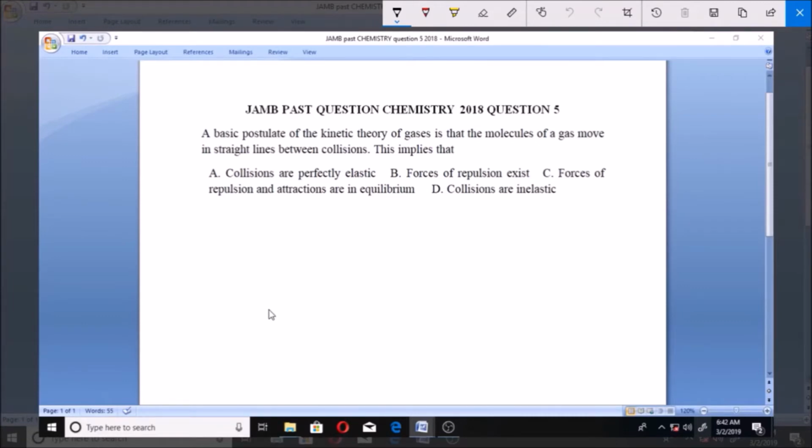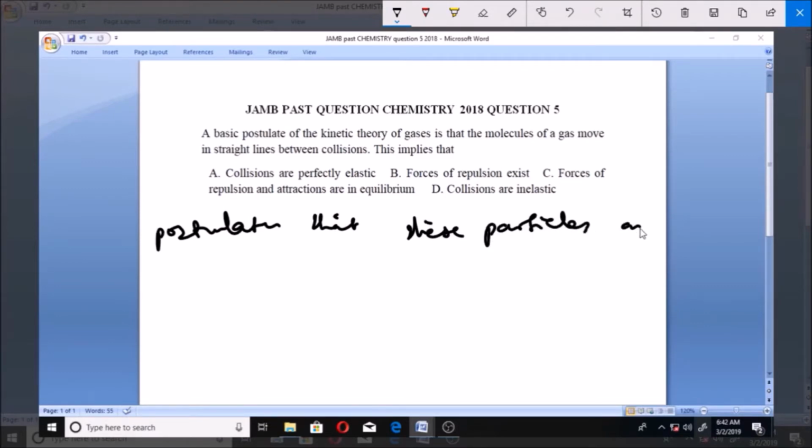Now, for us to understand this and be able to answer it, we need to know about the kinetic theory of gases or matter. The kinetic theory of matter or gases postulates that the particles of the gases are continually moving, if you check your textbook, you're going to find this out.